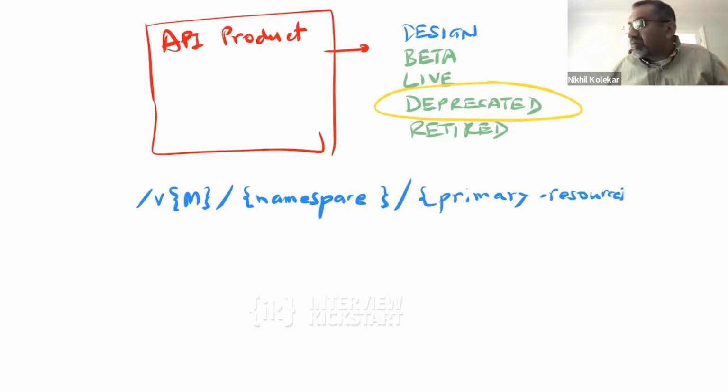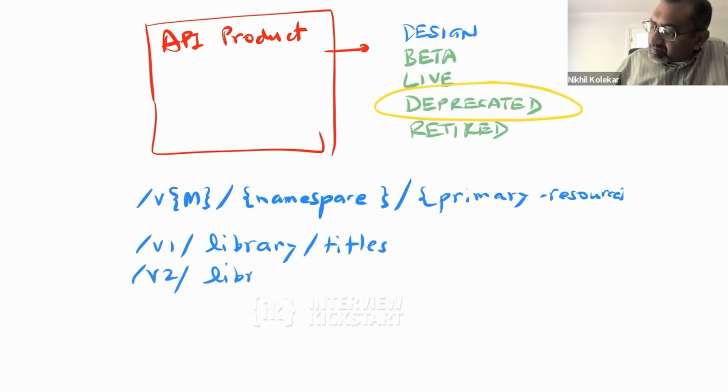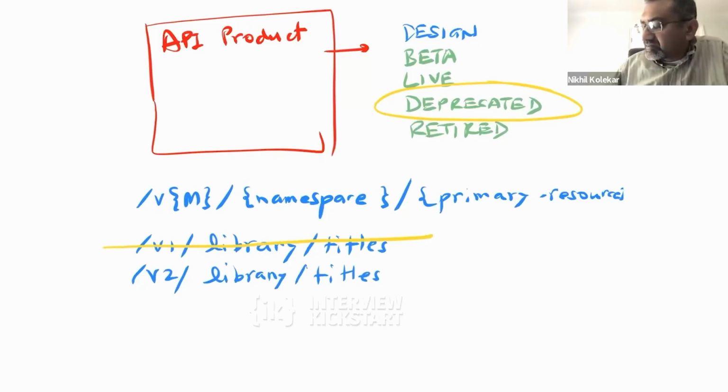So we don't need to care about minor versions in our endpoints because they are backward compatible. They are only for communication purposes, but major version should reflect in your path so that you have a V1 library titles that could coexist with a V2 library titles at the same time. And then over time, you're going to deprecate this and retire this, while allowing your users to move over to the new endpoint.